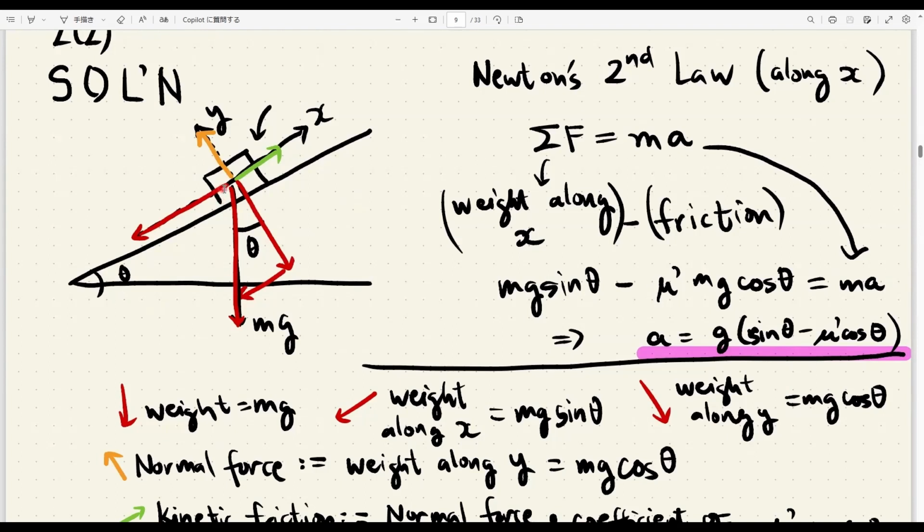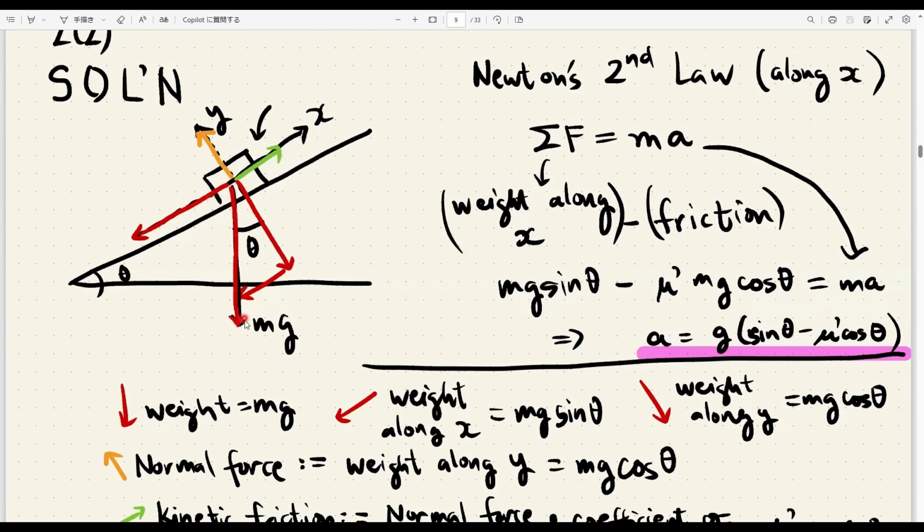Now we're going to solve for the acceleration of this block. To do that, first, because we decided that we're going to use this direction as our x and this direction as our y, we have to decompose this weight into those directions.